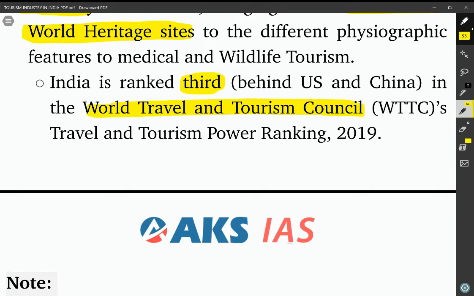This is an organization which gives the travel and tourism power ranking. In this ranking, provided in the year 2019, India is given a global rank of 3. That gives you the importance of travel and tourism in India and the potential that India has in this sector at the global level.